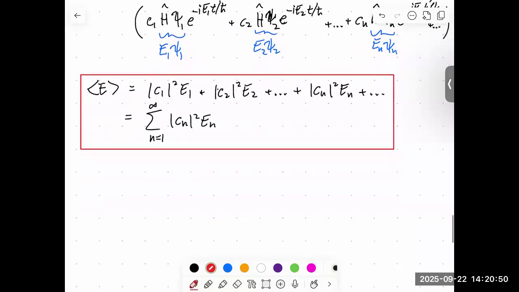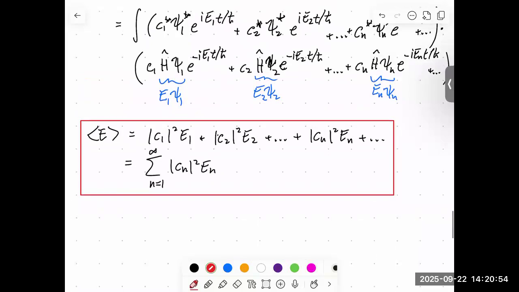Okay, so the other thing that's nice about this is, look, we started with some complicated time-dependent wave function. Nevertheless, when we write it in terms of our stationary states, we find that the expectation value of the energy is a constant. So whatever our initial state was at time t equals 0, it has some expectation value for the energy.